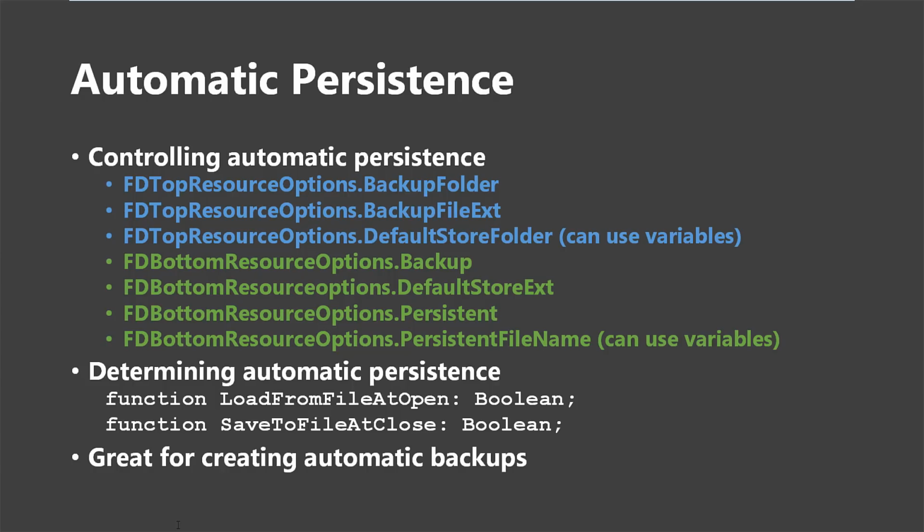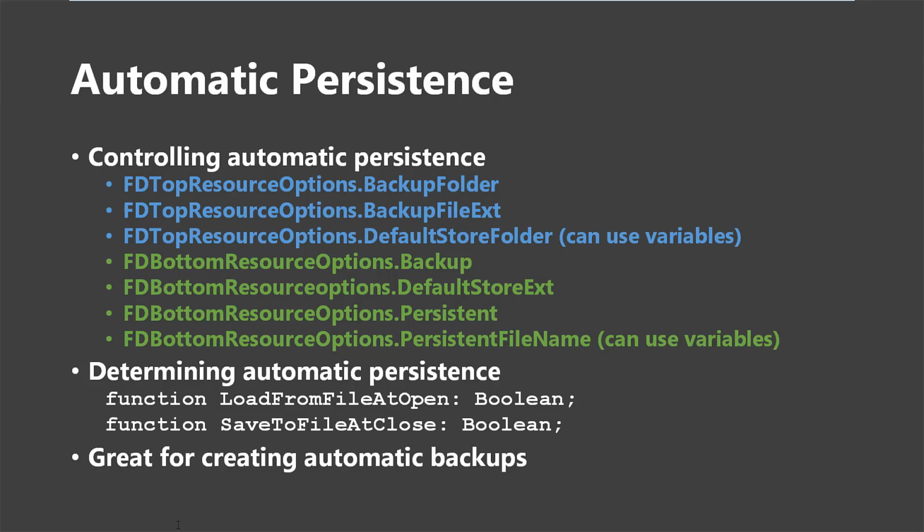For example, in a simple address book type application, you can configure FireDAC so that when you open your dataset, it loads with data, and when you close the application, it saves the data. And you don't need to use code. The operation occurs in the background automatically for you.